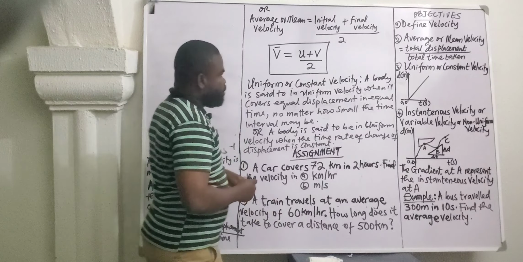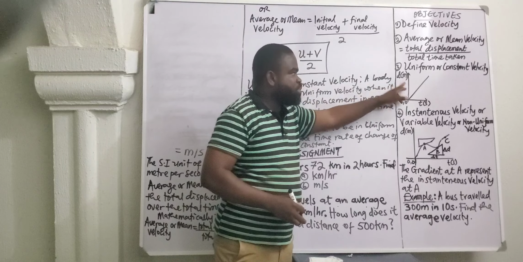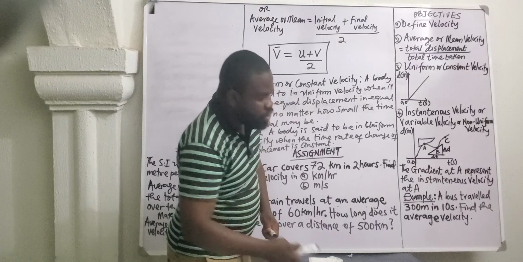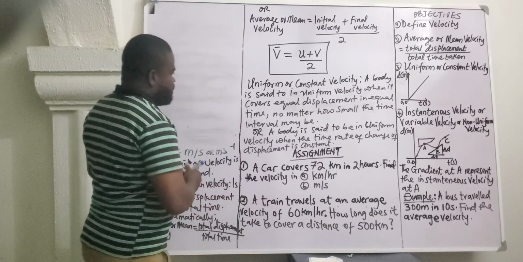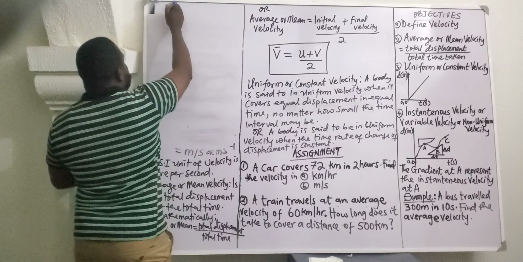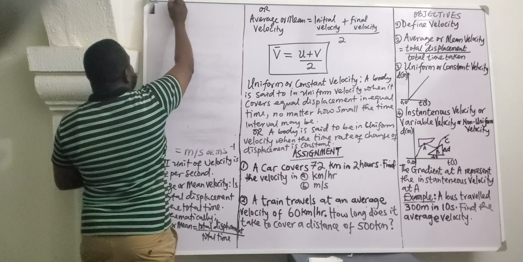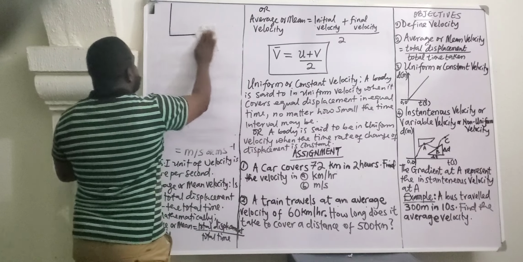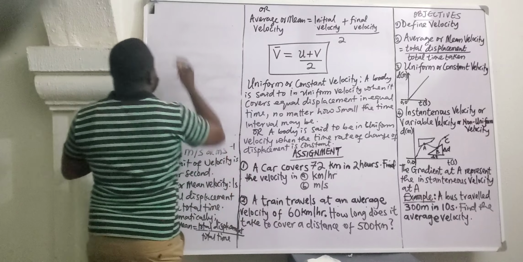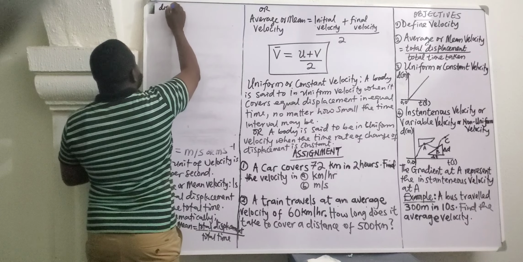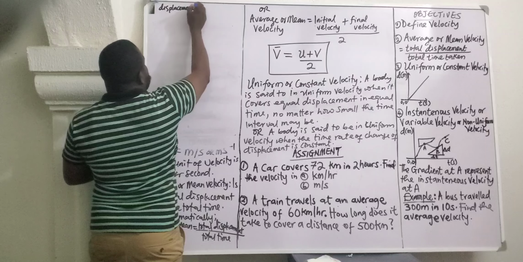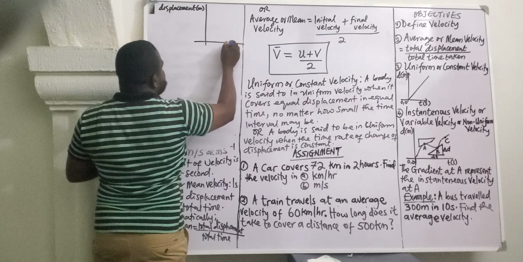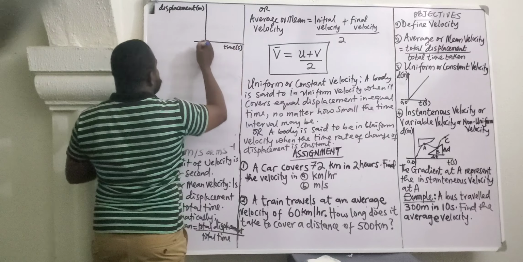Now, we can also have a displacement time graph, which we can use to obtain the uniform or constant velocity. So if we have a displacement time graph, as shown in the diagram, displacement in the vertical axis against time in the horizontal axis.